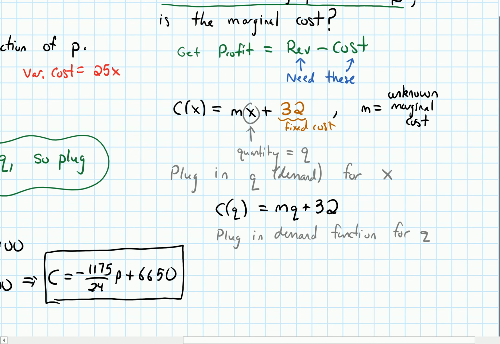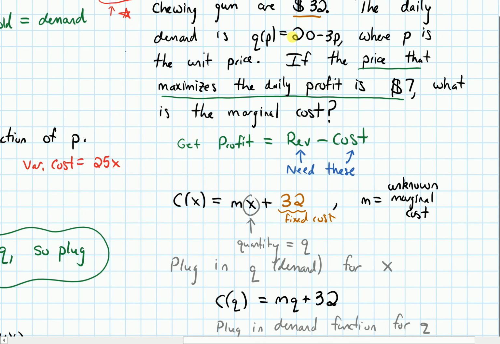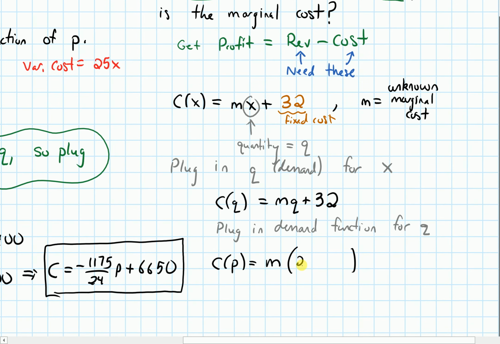So c equals, now it'll be a function of p, m times, what was q equal to? The problem tells us that q of p equals 20 minus 3p. So let's plug in 20 minus 3p for q, and then we have plus 32.